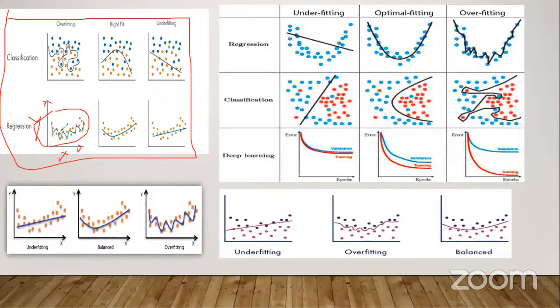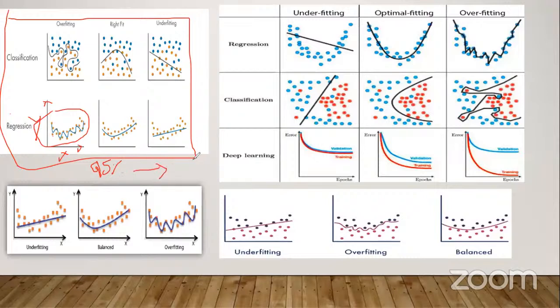Overfitting means my model is not performing well on the test data set. When I trained it and then tested my model, at that time it gave me an accuracy of, let's say, 95%.